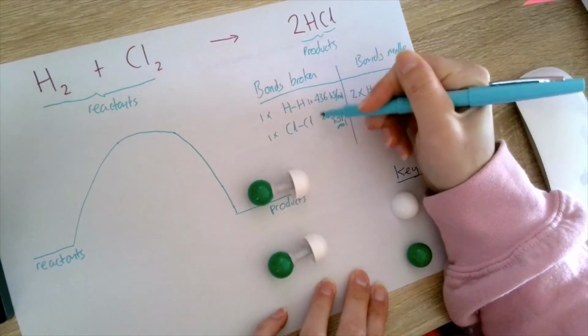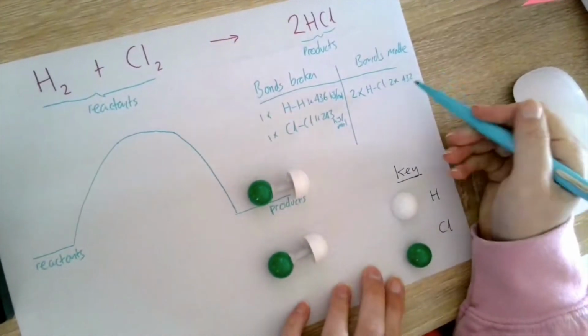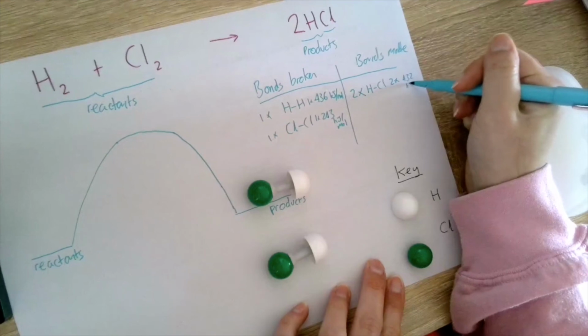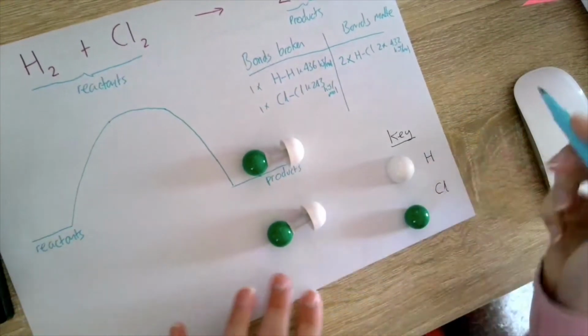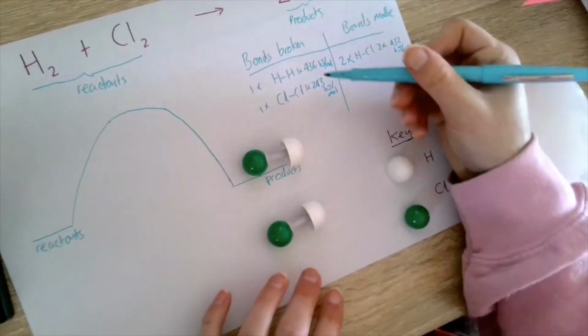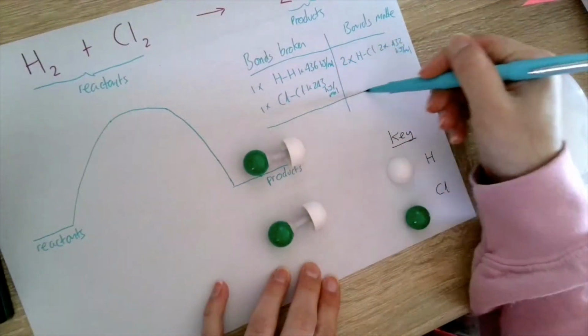So just be clear that this is 1 times each of those, but 2 lots of that 432 kilojoules per mole.